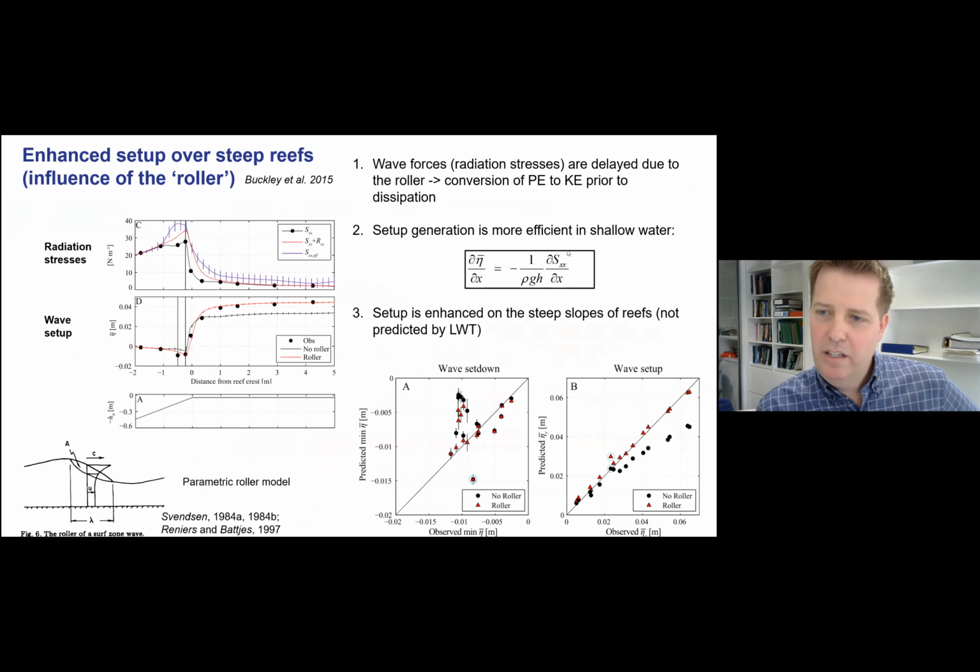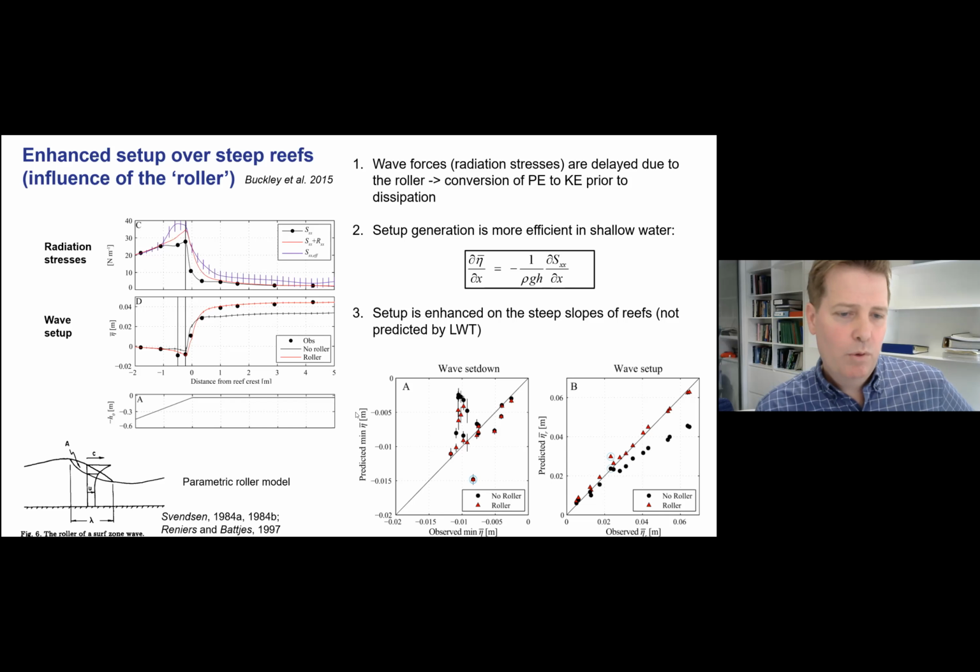If we integrate that direct measurement, the observed setup are these dots. If we take the measured radiation stresses, we get this black dashed line here. And we find that we can't explain why we get these large wave setup values.